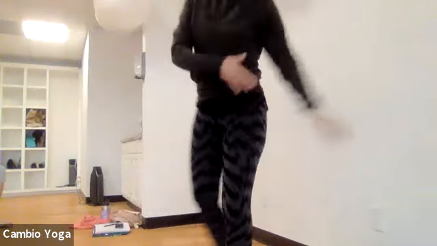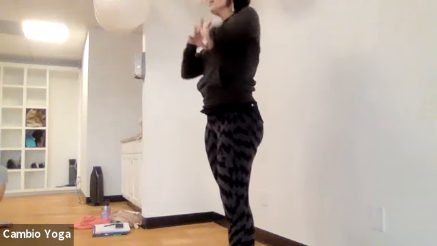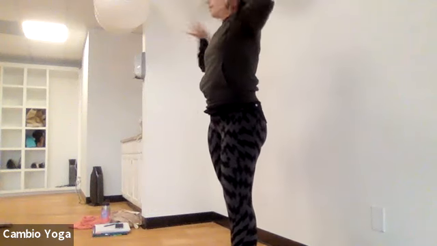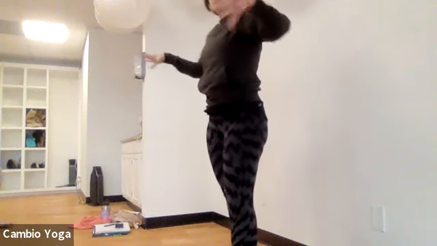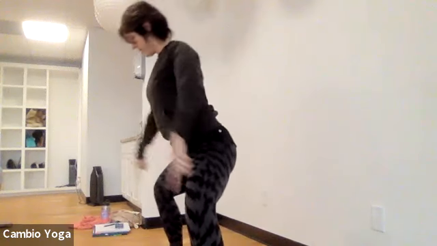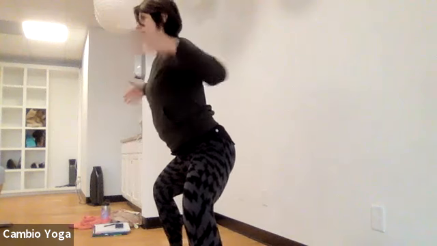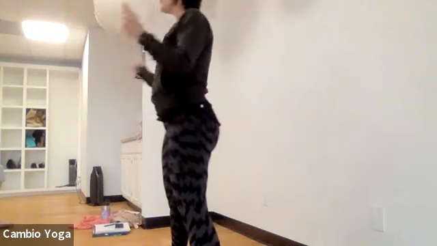So then I would come over here and I'd show them what they need to do. Or just in general, you're speaking to everyone in the room, like, okay, we're here in goddess, knees back, knees and toes point. I'm like a flight attendant, right? Everything is pointing. We're pointing and we're demoing.